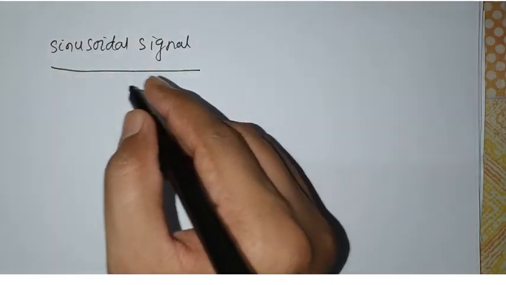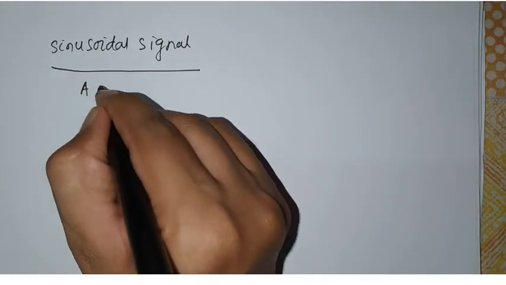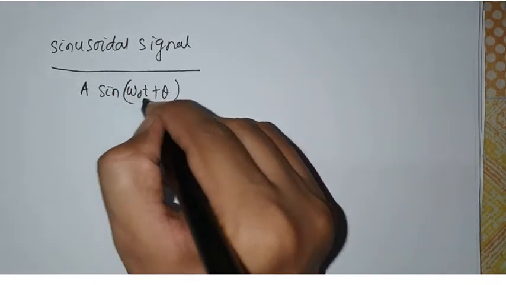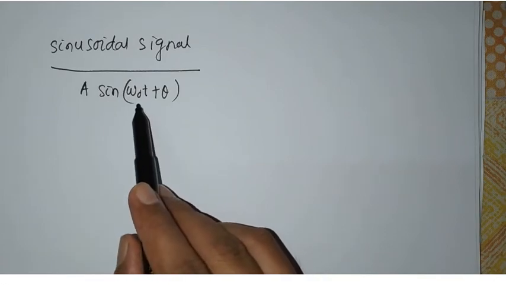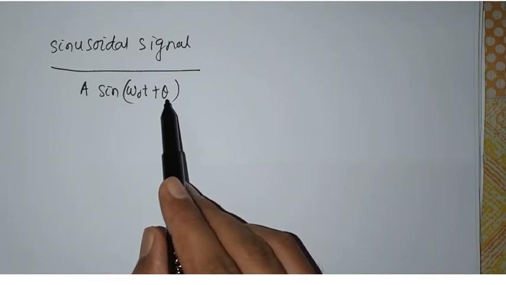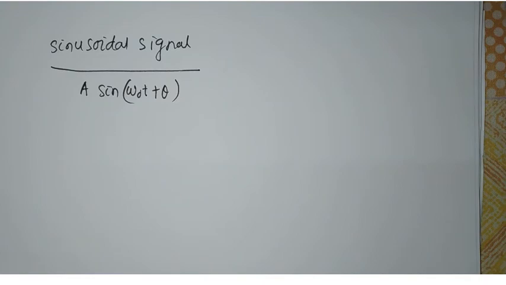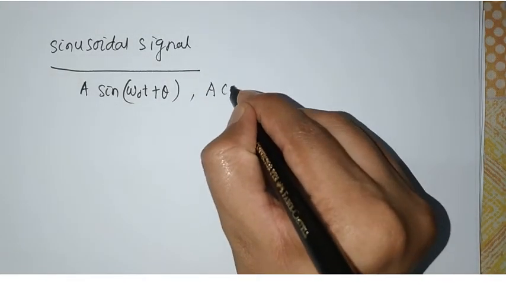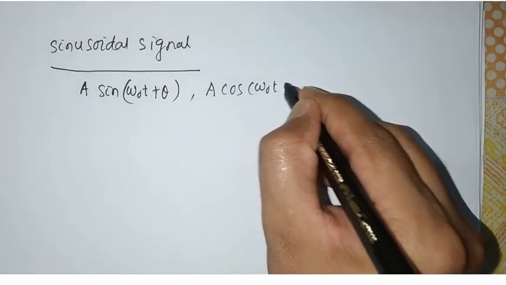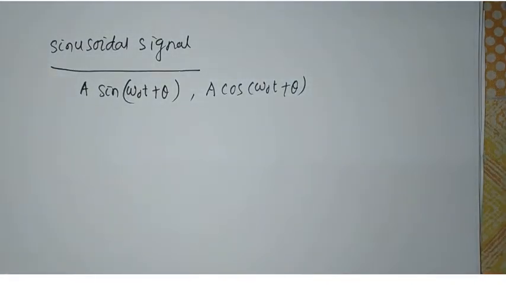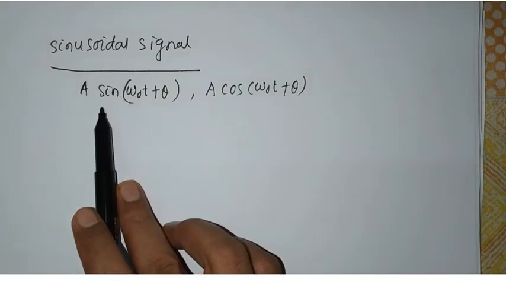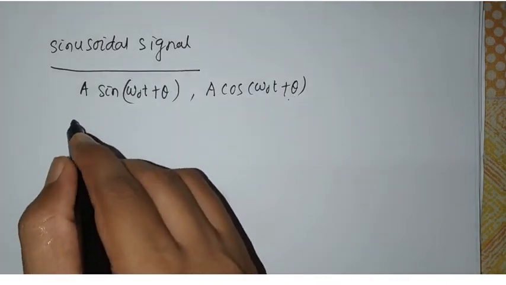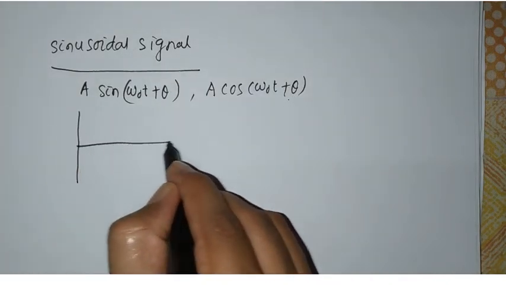How can we represent a sinusoidal signal? Simple, it is A sine of omega 0 t plus theta. A is amplitude, omega 0 is angular frequency, and theta in radians is the phase. Or you can write it like this also, A cos of omega 0 t plus theta. Sinusoidal means it may be sine or cosine. And if you want to represent it graphically, you can.